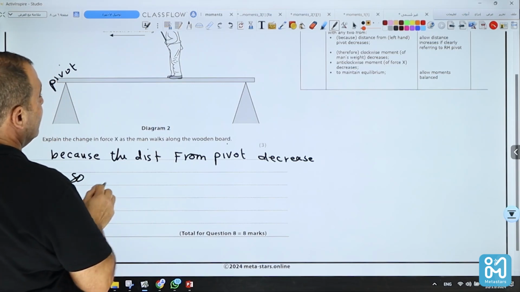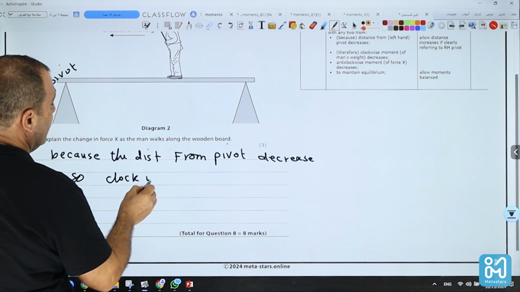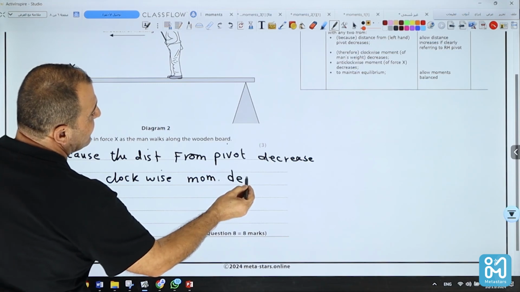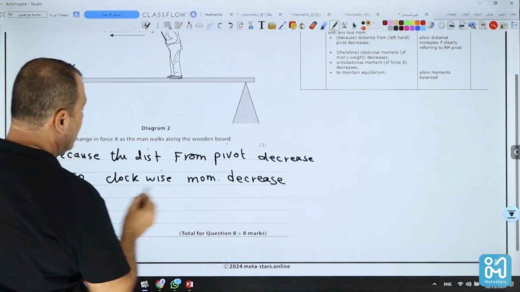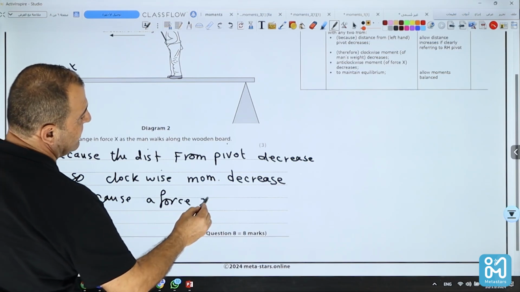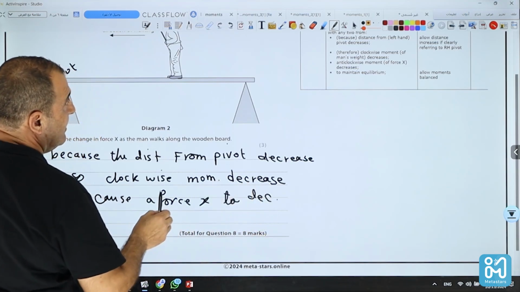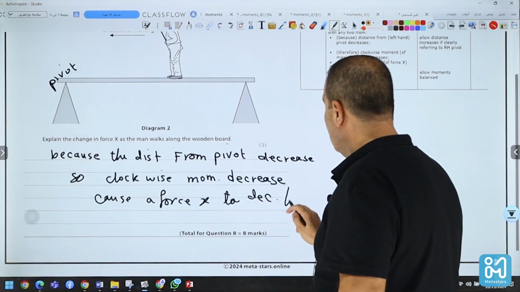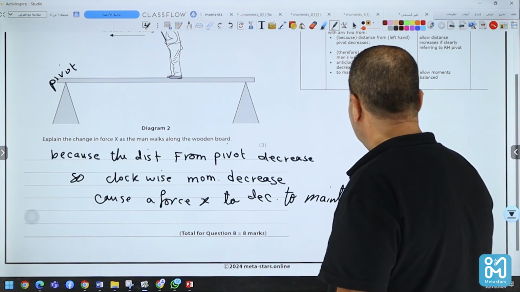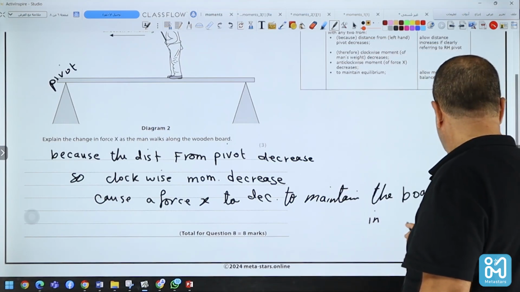So the clockwise moment decreases, which causes the force X to decrease also. Why? To maintain the board in equilibrium.